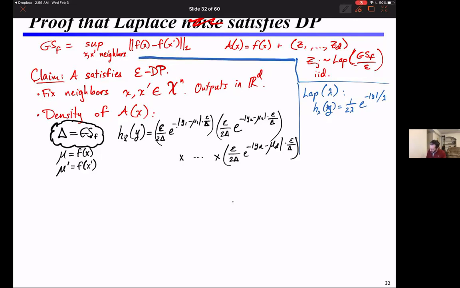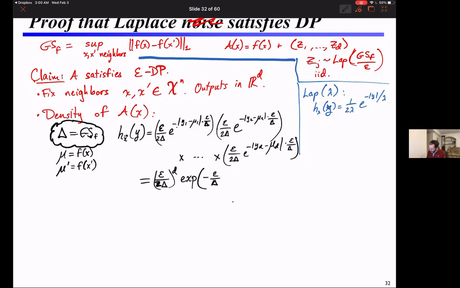Okay, so we can clean this up a little bit by collecting these terms. So we've got d factors of epsilon over 2 delta, and there are d of those. And then what's going on in the exponent? Here I'll write it this way because I can write bigger this way. So this is minus epsilon over delta, that's a common factor.